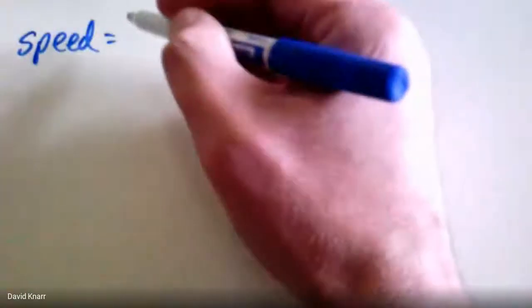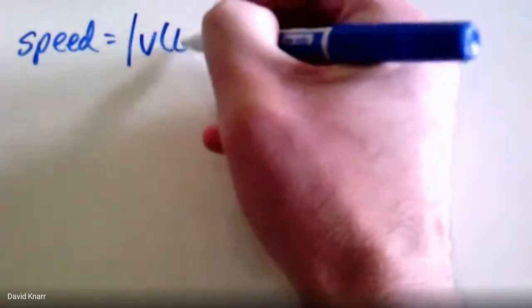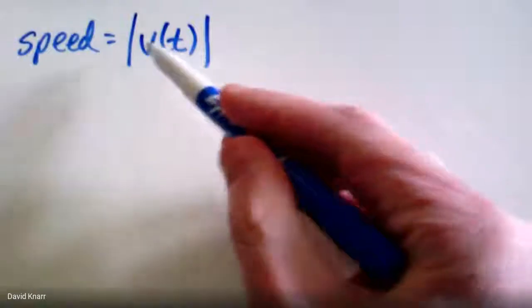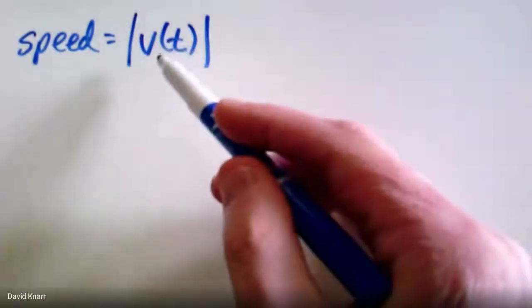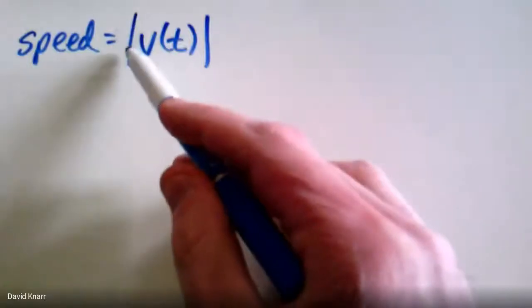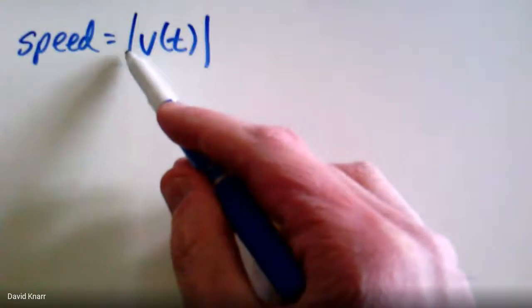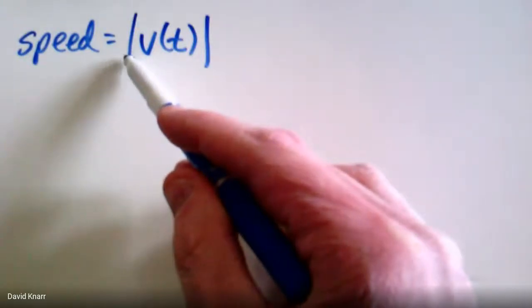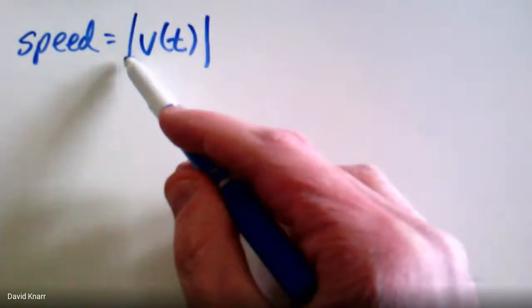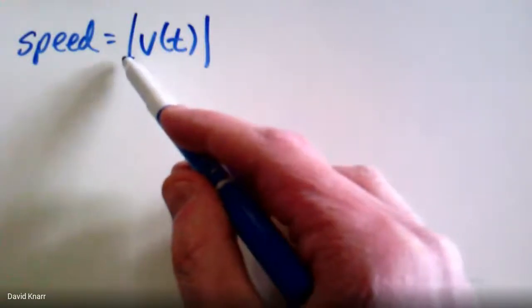The speed is given as the absolute value of the velocity. So if you're given the velocity equation, you find the absolute value of it, you'll get the speed, okay? In your calculator, the absolute value key can be found easily by pushing the second key and the 0 key, because it brings you to the catalog.